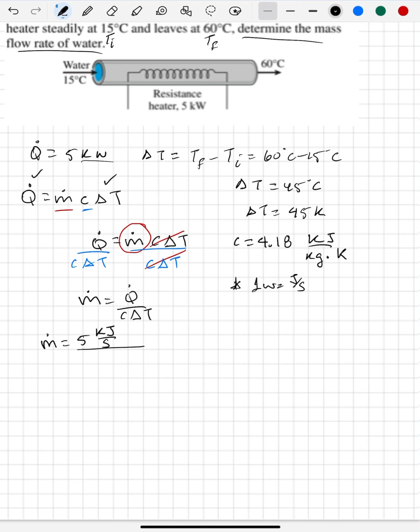And then the specific heat is just 4.18 kilojoules divided by kilograms times kelvin. And my change in temperature is 45 kelvins. The units that cancel out are just kelvins.